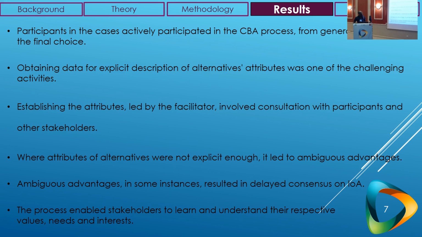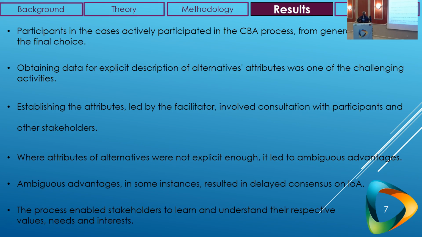Again, one of the things that was observed was the fact that it is quite challenging sometimes to establish explicit attributes of alternatives, which is a critical basis for CBA, because if you get the attributes wrong, that may affect the kind of advantages you are coming up with, and that would potentially affect the final decision.